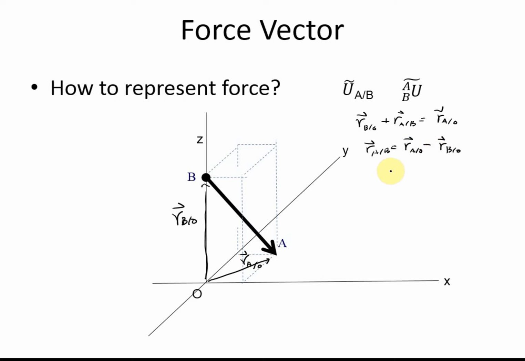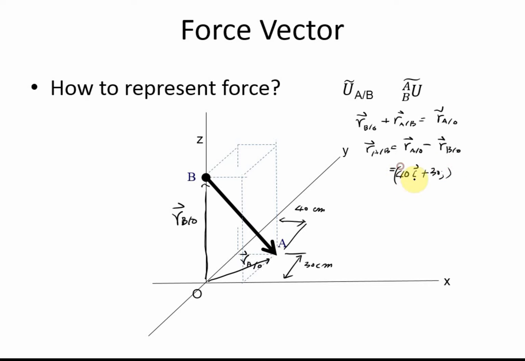Okay, then what is RAO? So we know the length. From here to here is 40 centimeter, and then from here to here is 30 centimeter. So RAO becomes 40i plus 30j.